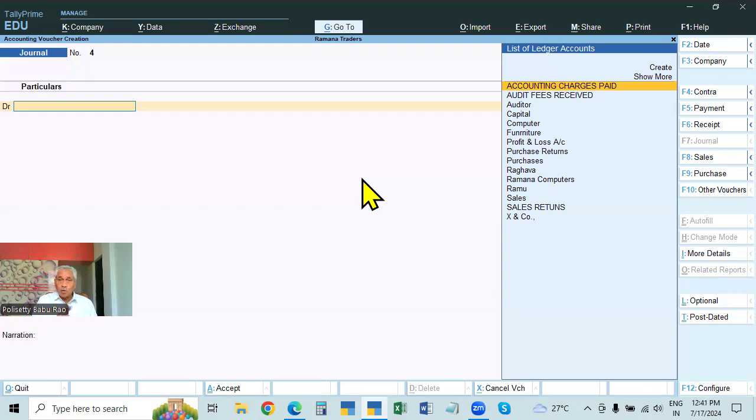That is called a closing entry, because we are closing the books at the end of the year. Similarly, incomes show credit balances, so income accounts are to be debited and the profit and loss account is to be credited. So these things you will enter.